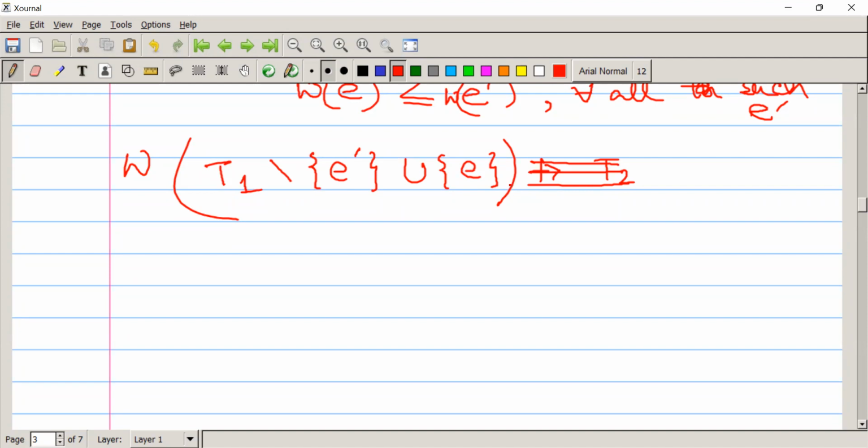From any tree, if we add some edge and delete some edge, this will form again a tree, a spanning tree, and this has weight less than the weight of T or T1. Is it true?